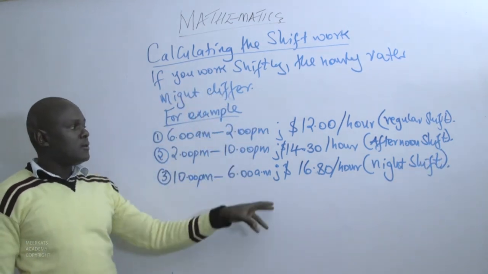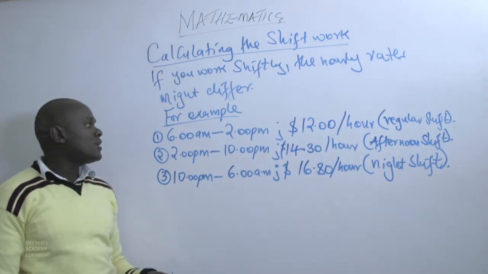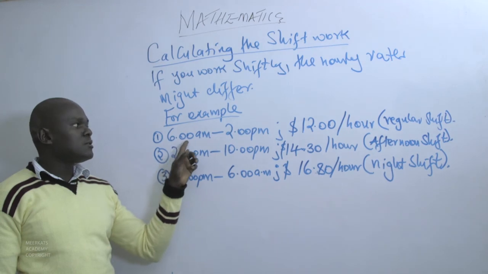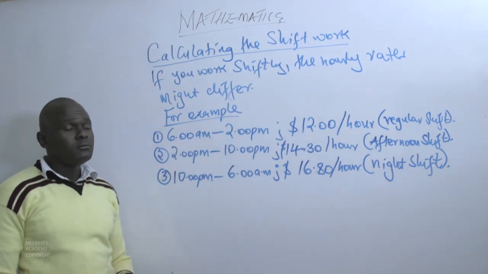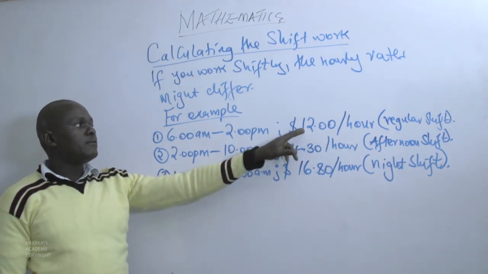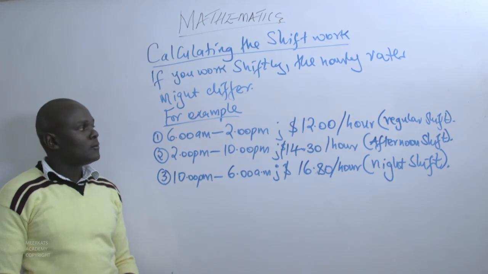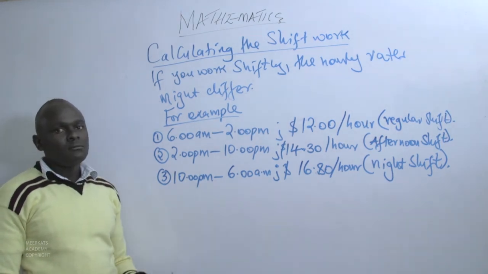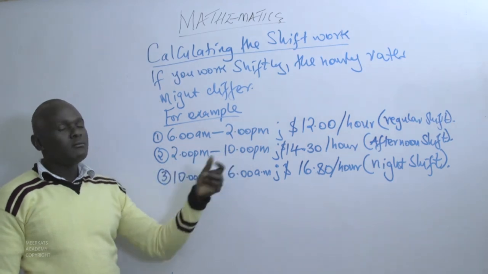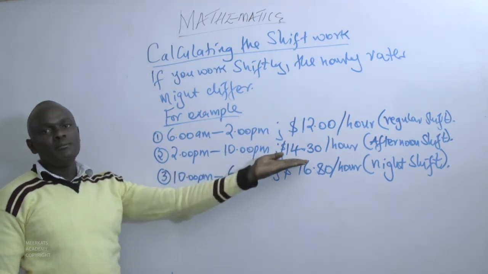So looking at the three shifts that we have, you realize that the morning shift, the shift that starts from 6 a.m. to 2 p.m., its rates are a bit low, just $12 per hour. But as time goes by, from 2 p.m. to 10 p.m., the rates have improved.